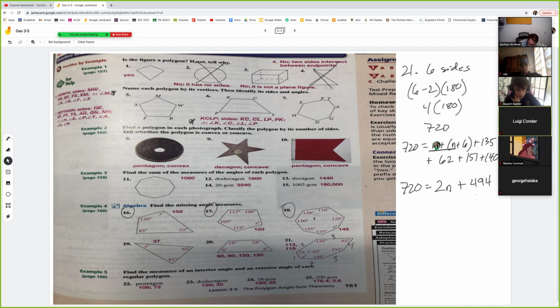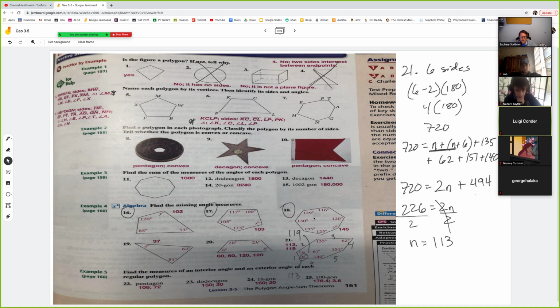Combine like terms, remove the parentheses, get all the numbers. So we subtract 494 from 720. 226. So we got 226 equals 2n, divide by 2, and you get n equals 113. So here you have n, which is 113. n plus 6 is going to be 113 plus 6, which is 119.